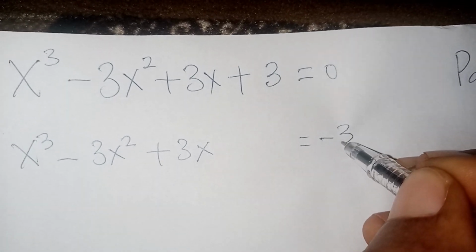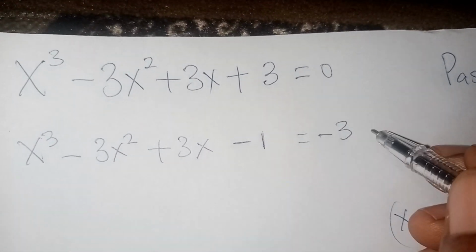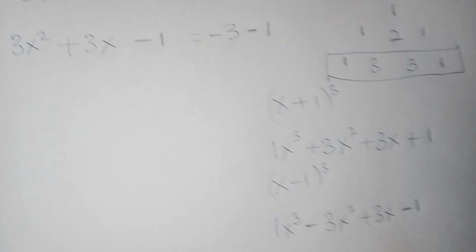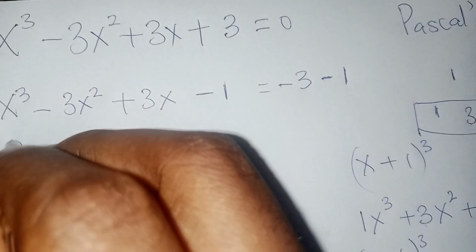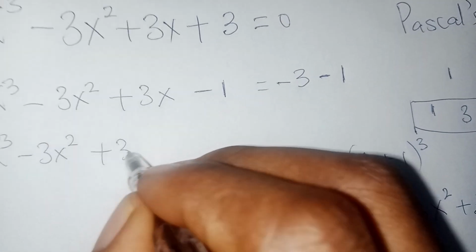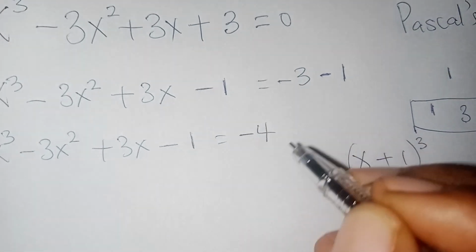We have minus 3 here. We're going to add the minus 1 to both sides, this minus 1. So we have x to the power of 3 minus 3x squared plus 3x minus 1 equals minus 4.